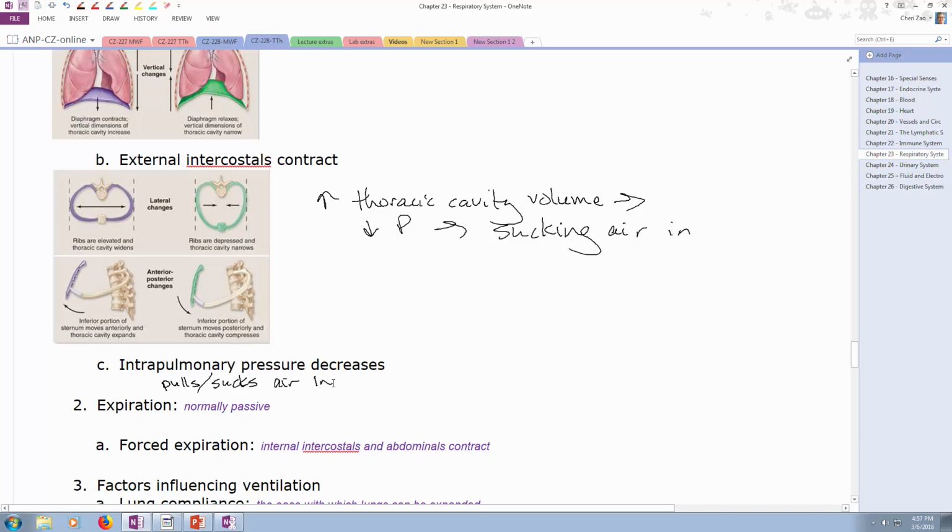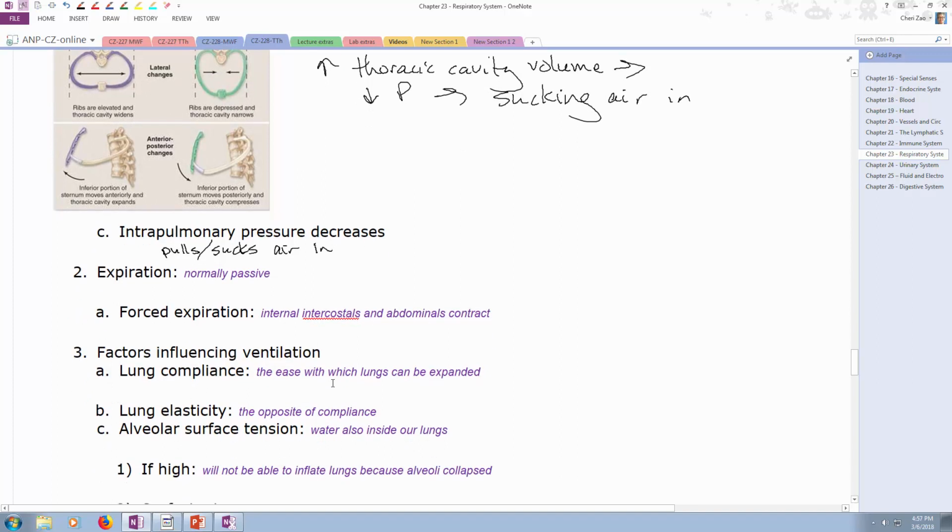Exhalation or expiration is ordinarily a passive process. Muscles relax. And if you'll notice, exhalation takes more time than inspiration.